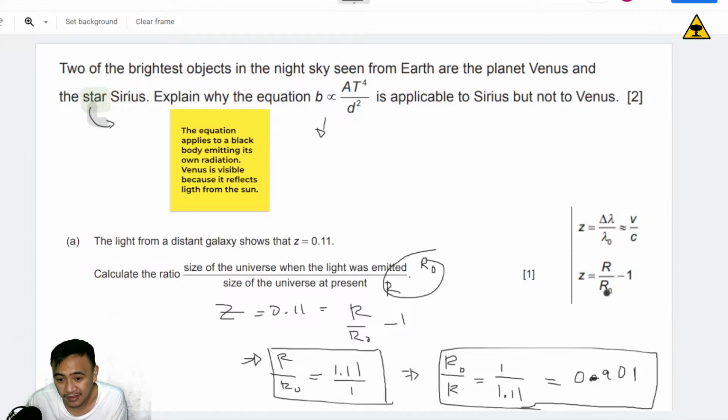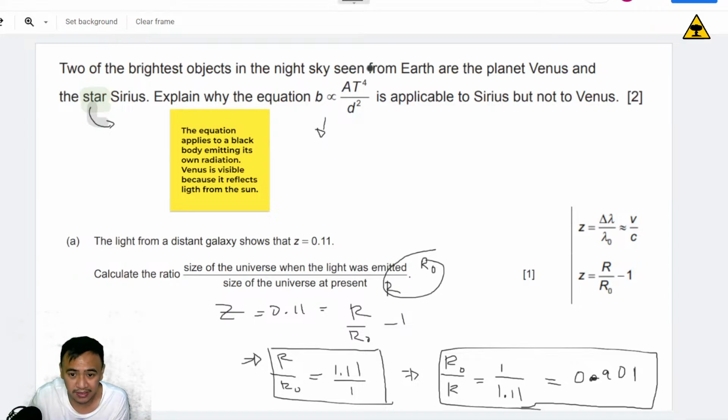This R is like the radius, the distance of that object, in this case our galaxy, to the Earth. So we don't need to know the values, we just need to know that ratio at this point.